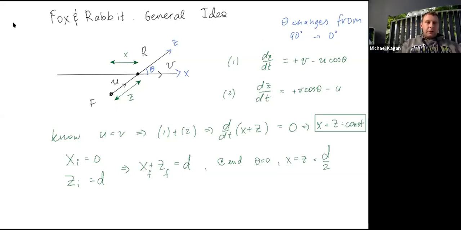Okay, great question, Leon. Let me pose it as a homework question. Actually, I'm going to give you a few follow-up questions, generalizations of this problem. So imagine that the fox starts running at the rabbit, not when it passes the closest point, but some other point.